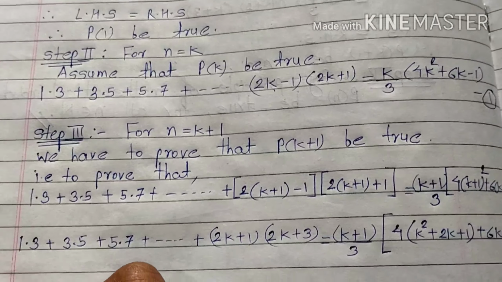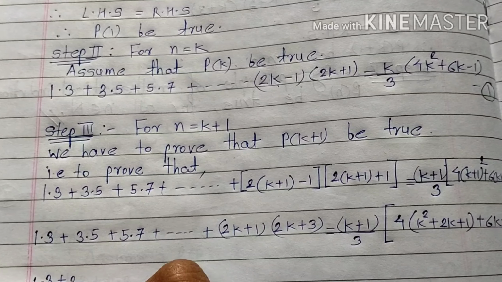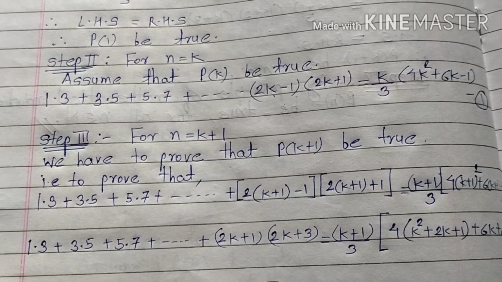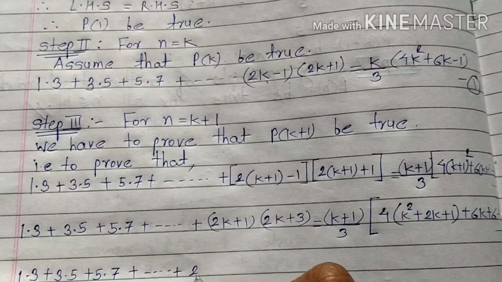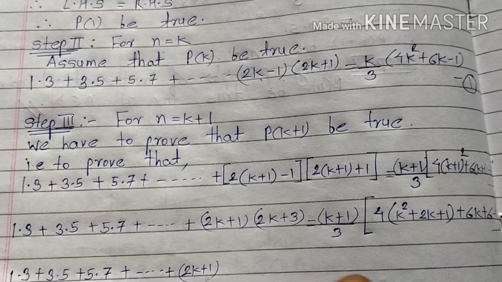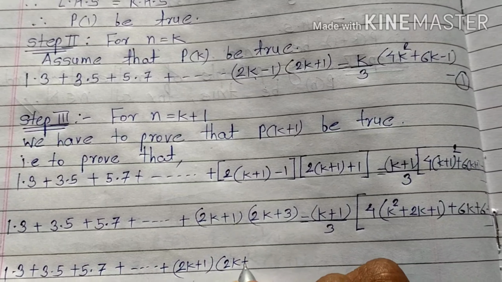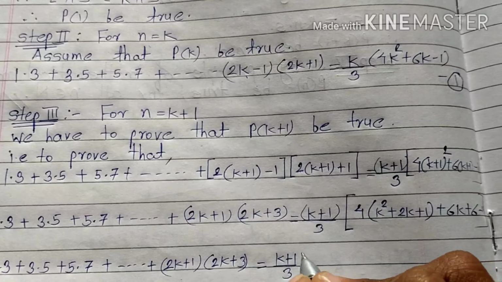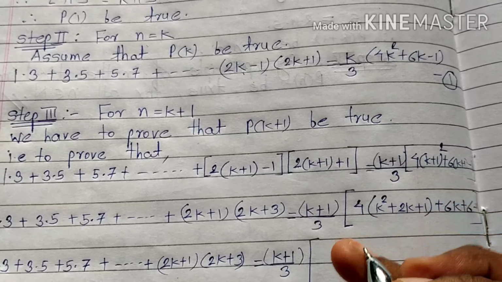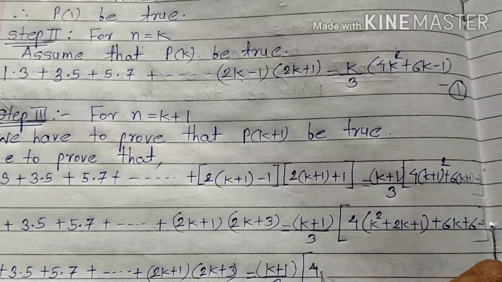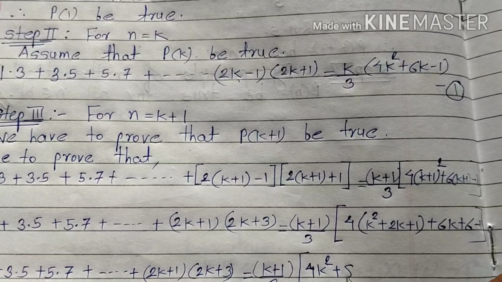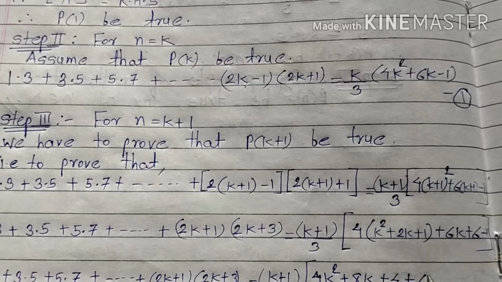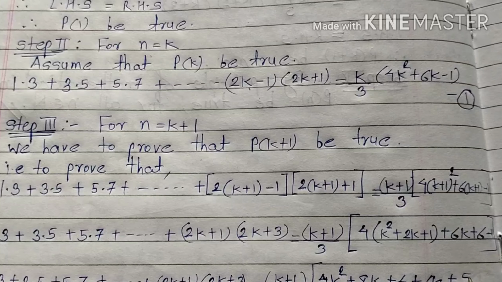So next step, now multiply this 4, so it is 4k square plus 8k plus 4 plus 6k, and this plus 5.